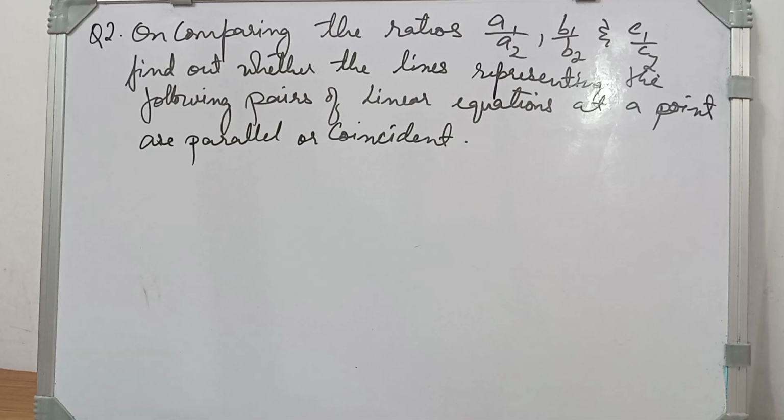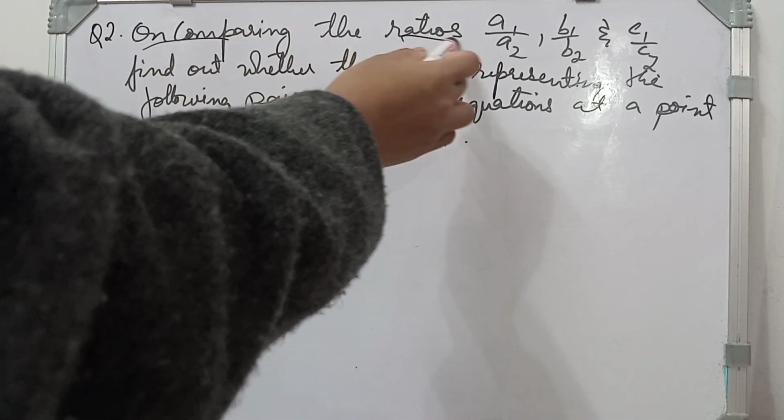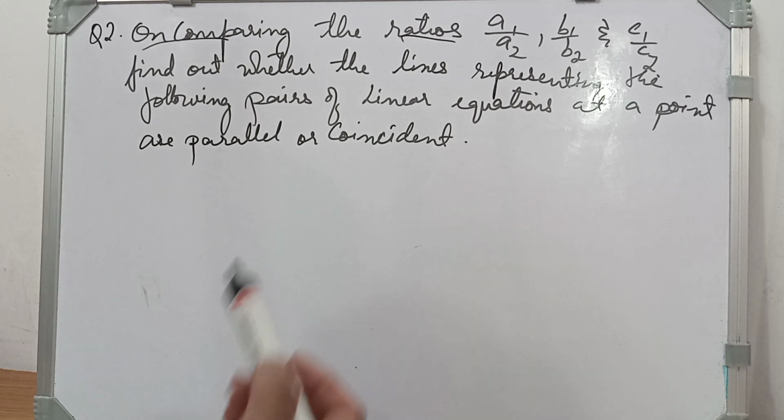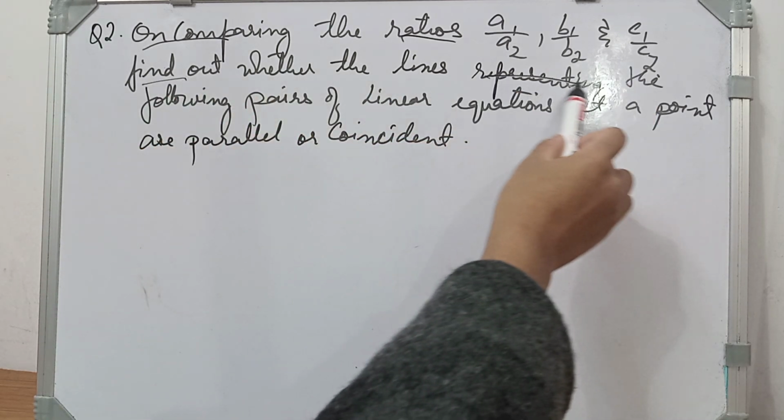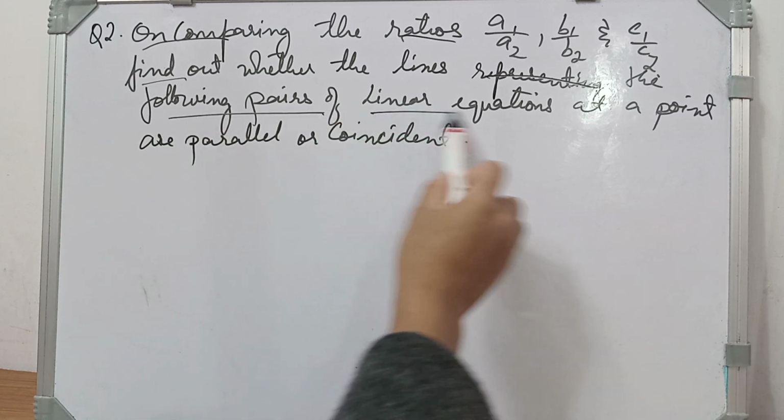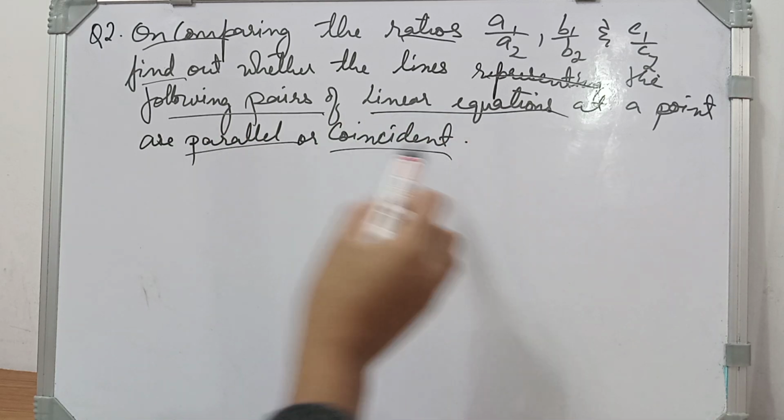Now, comparing the ratios a1 by a2, b1 by b2, c1 by c2. Find out whether the lines representing the following pairs of linear equations are intersecting, parallel or coincident.